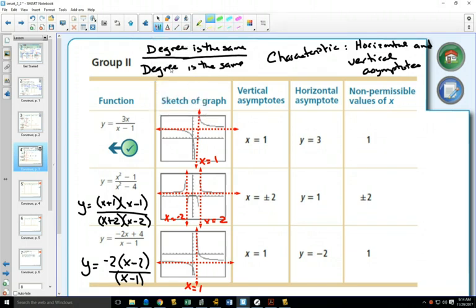Well, I'm going to take out my highlighter, and since the degrees are the same, again, horizontal asymptotes tell you what happens when x gets really big, either huge positive numbers or a really big negative number. Okay? And so in this question, I have x minus 1 on the bottom.